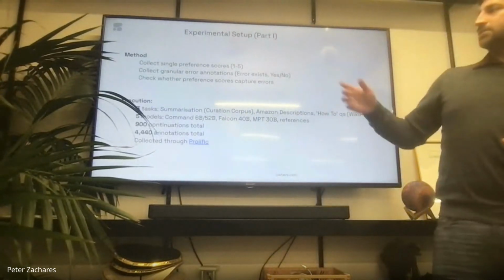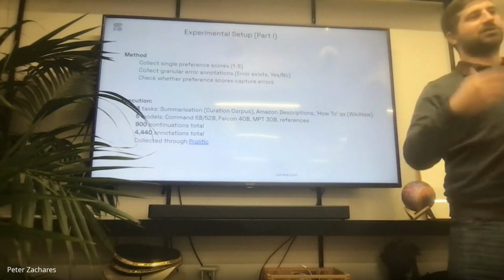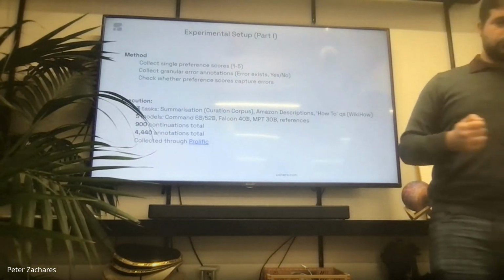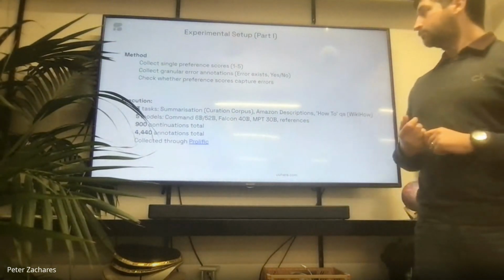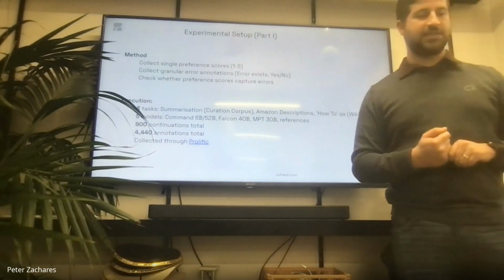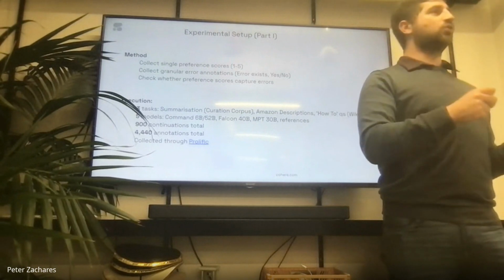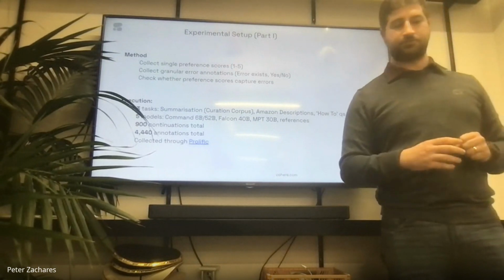So we collected data both in the more standard single preference score setting, where you give humans two completions, tell them to rate each one from 1 to 5. We collected granular error annotations along the lines of the criteria in the previous slide. And what we wanted to check was whether the preference scores captured the errors that humans could identify in these completions.